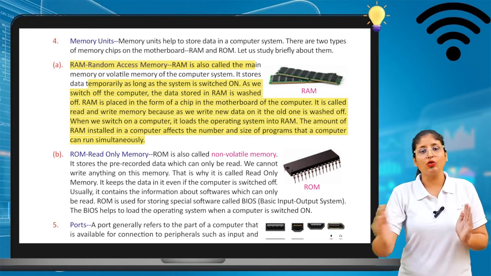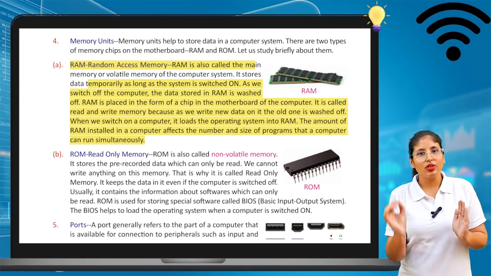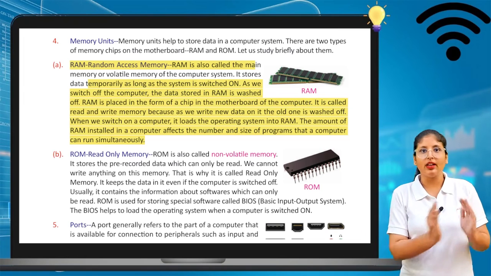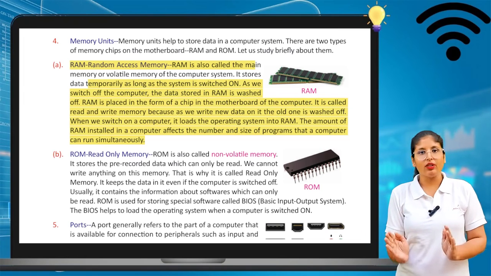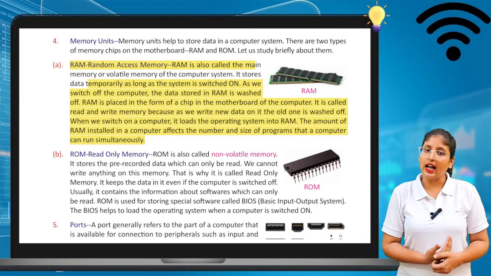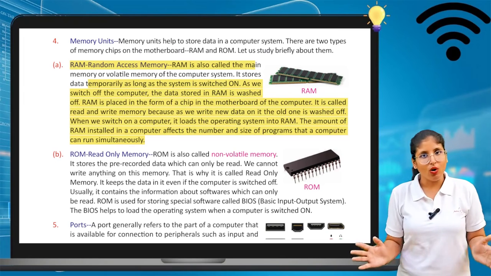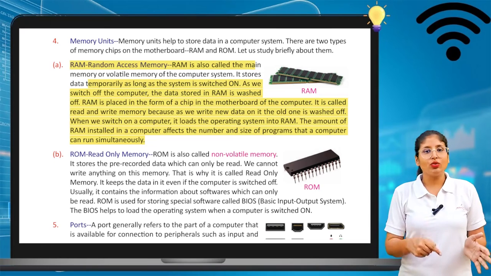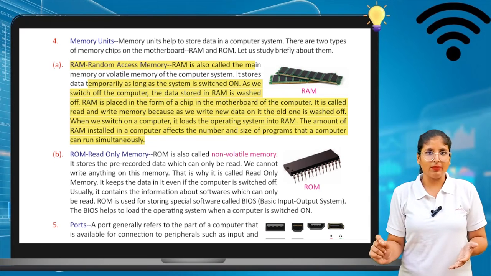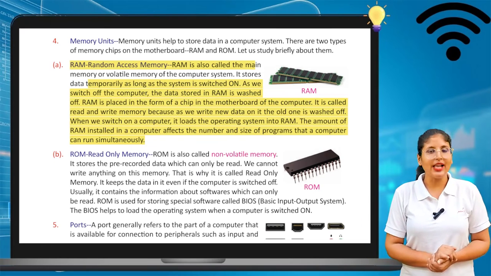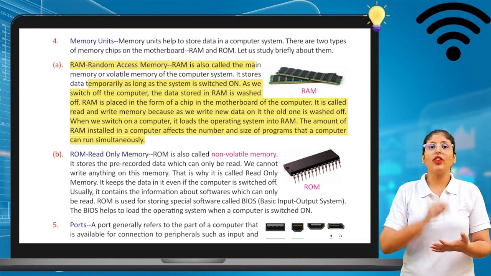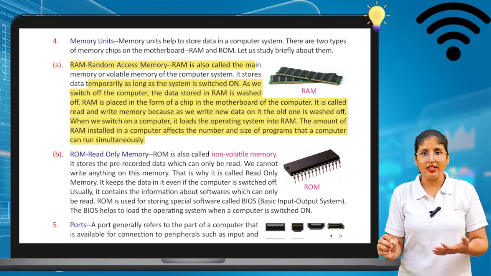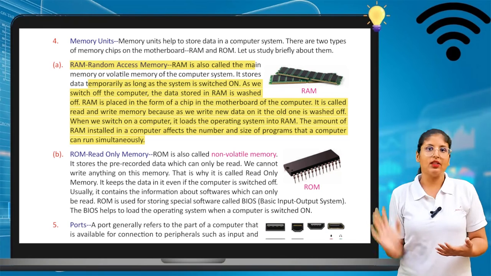Your data is stored while your system is switched on, and when you switch off the computer, the data in the RAM is washed off. RAM is also known as read and write memory, because when we write a new thing on it, the older one is automatically washed off.